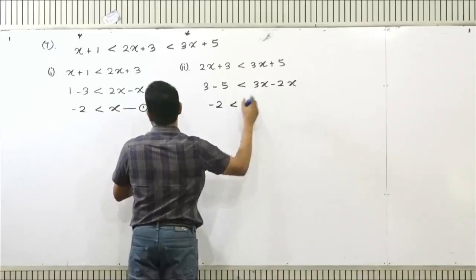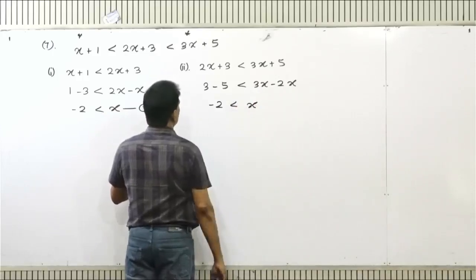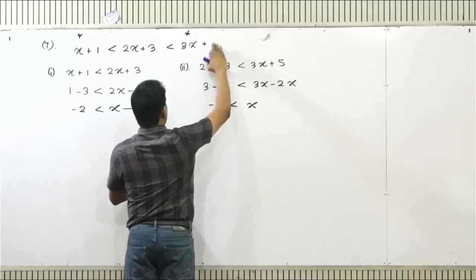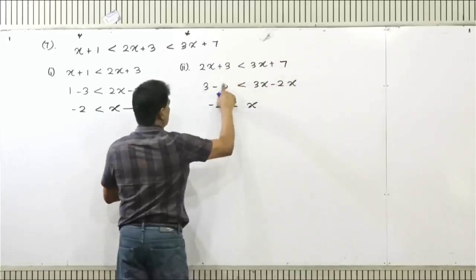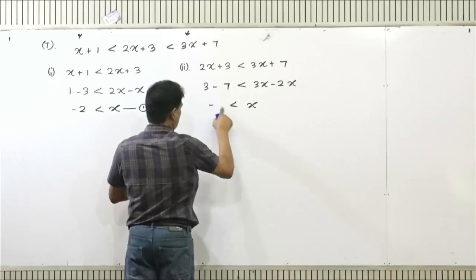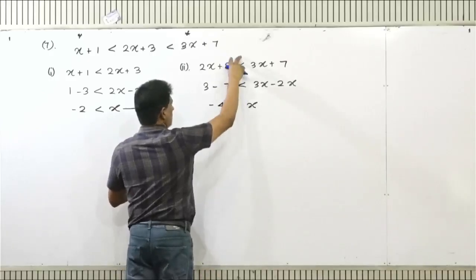Here 3x minus 2x means x. Let's change this one somewhat. So, like 7. Then 3 minus 7 means minus 4. This is the solution for this inequality.